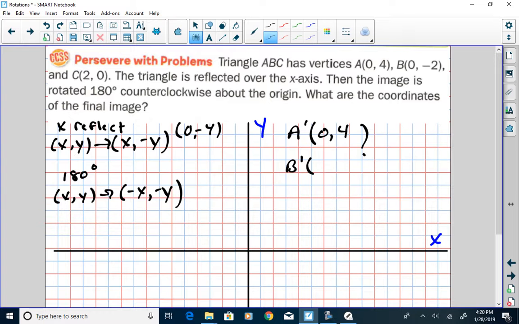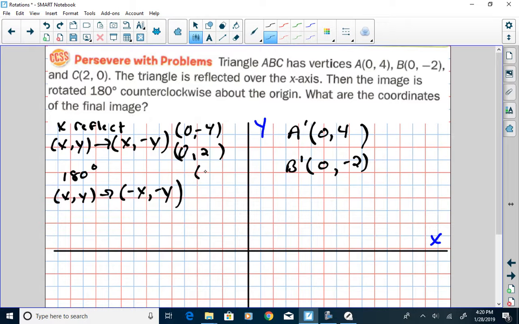B prime. We have 0, negative 2, so the x-axis reflection, x, opposite y, would be 0, 2. But then I need the opposite of that, which would be 0, negative 2. Starting to see something interesting. And then the last ordered pair is 2, 0.